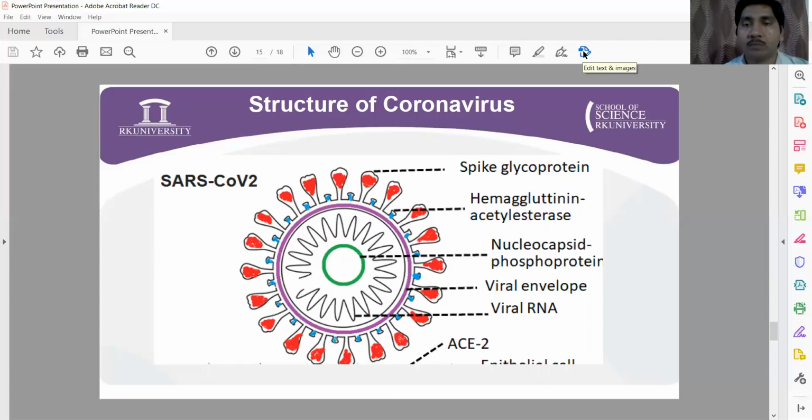As you can see here, the spike glycoprotein is here. The hemagglutinin acetylesterase is again a protein embedded into the membrane. Then the nucleocapsid phosphoprotein, the viral envelope, which is of host origin, and the viral RNA, which is a positive sense RNA.